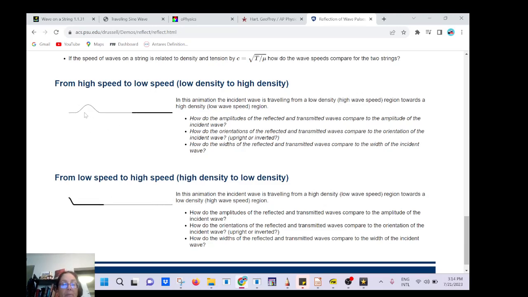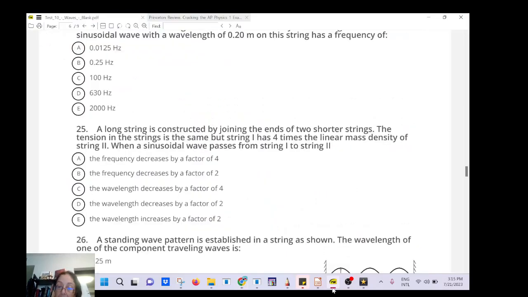When you go from fast to slow, see the size here, it's going to decrease, and some of it is reflected. When it's reflected, you see a phase shift of 180 degrees. Okay, so that was number 25, which was tricky.